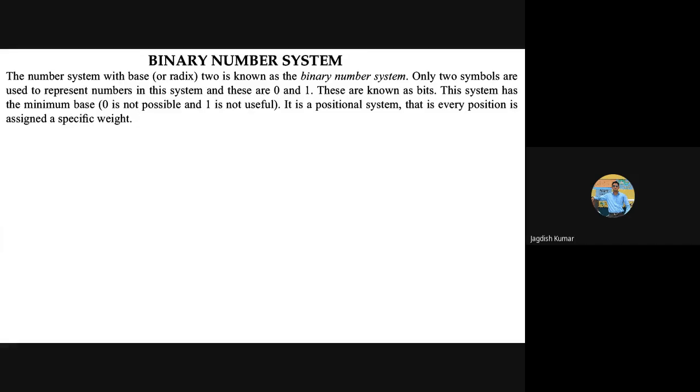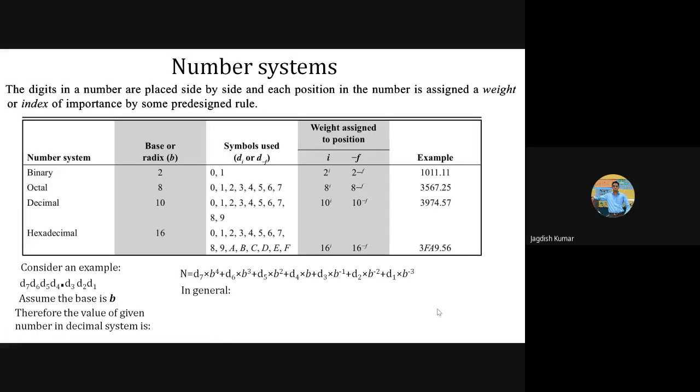Okay, Abhi is asking a question. D4 into B raised to the power 0. Okay, let me go to the previous slide to see what you're trying to say. Yes, D4 into B raised to the power 0. Indeed, D5 into B raised to the power 1. So I made a mistake here, very nicely pointed out by Abhi Kashyap.